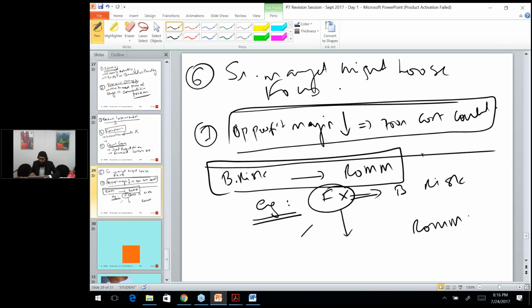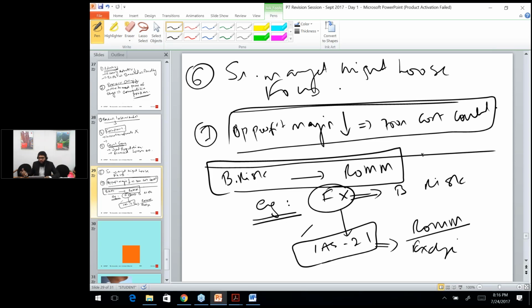The risk could be that the entity does not comply with the provisions of IAS 21, which specifies that you need to use the specific date exchange rate, and you need to recognize the gain or loss in P&L, etc. So the business risk would lead to the risk of material misstatement.